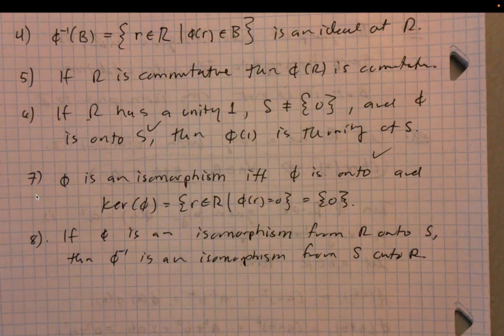All right, and then in a similar vein to what we just did with the properties, we've got a handful of theorems that are going to be very, very parallel to theorems we saw with group homomorphisms, but we're going to walk through them anyways.